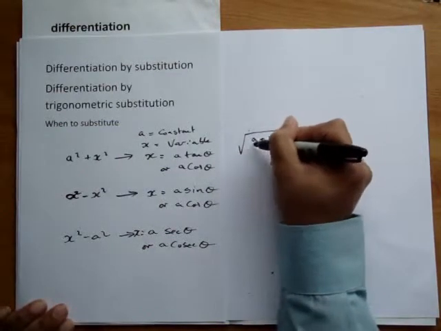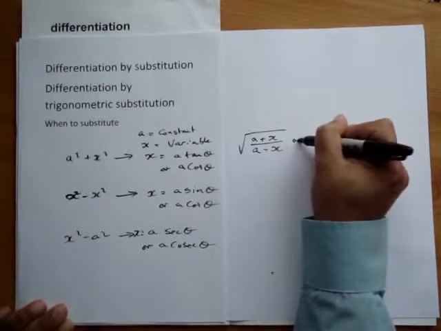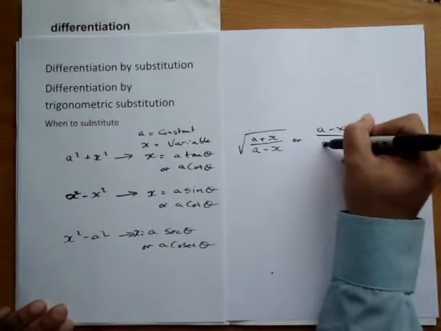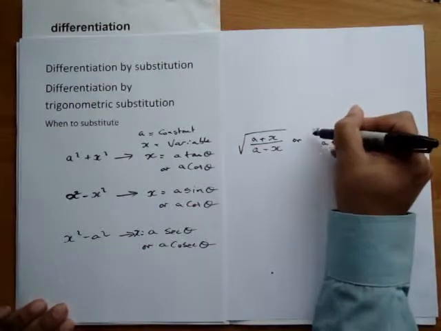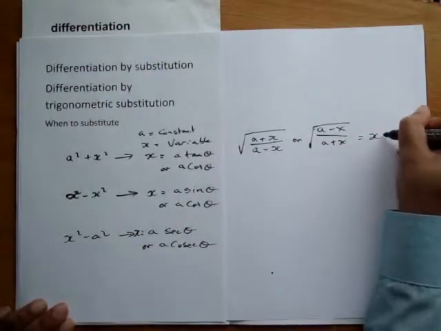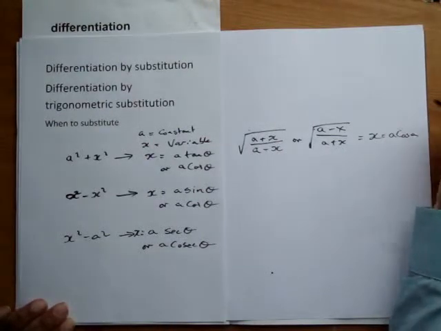a plus x, a minus x, or a minus x all over a plus x, and in this case x equals a cos theta.